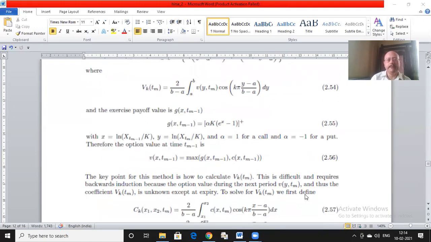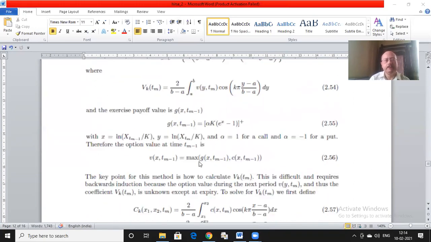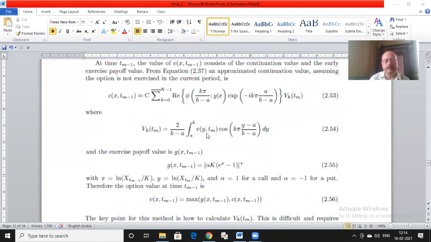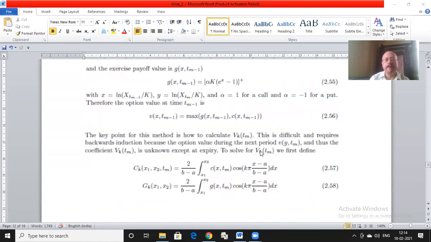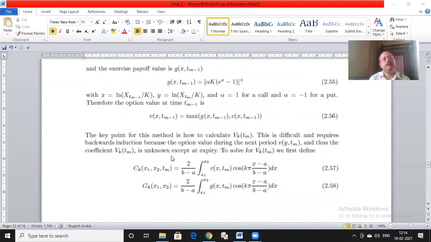So to calculate VKTM, which is difficult, we use the backward induction method, because the option value during the next period, this VYTM expression here, and the corresponding coefficients VKTM here are unknown except if I am at expiry.